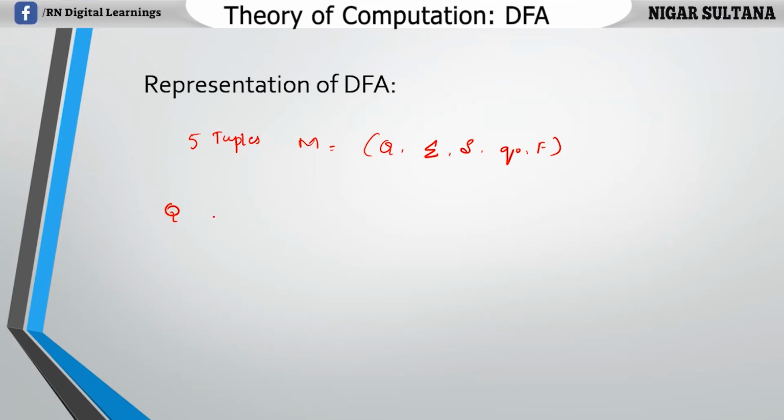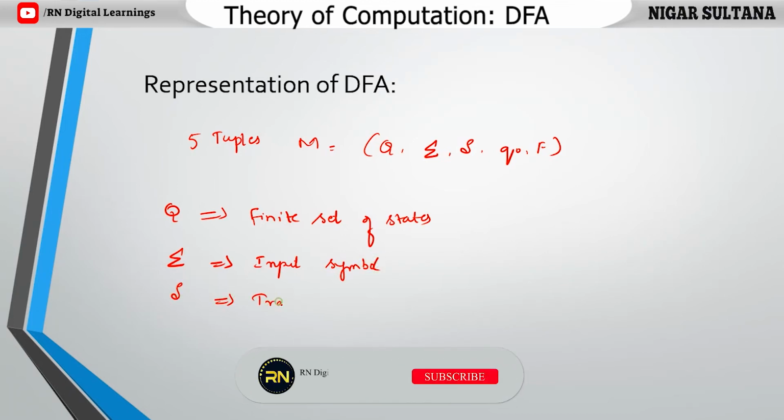This Q is nothing but a finite set of states. What is this sigma? Sigma indicates the input symbol. Next is delta.